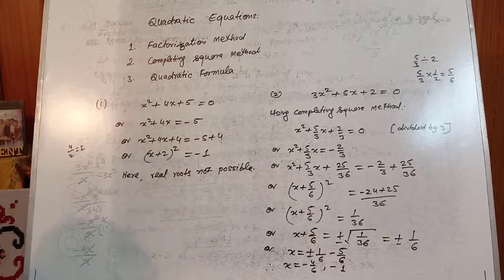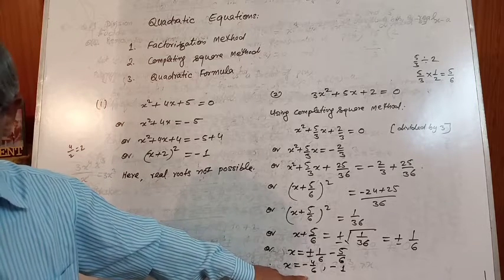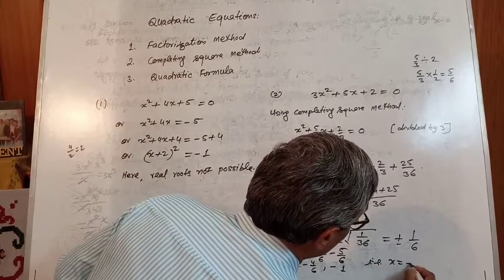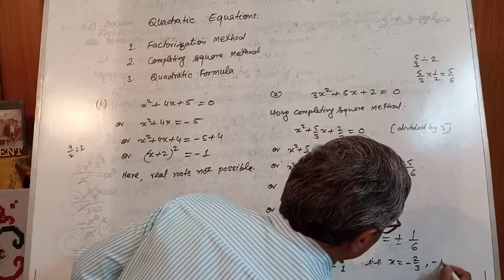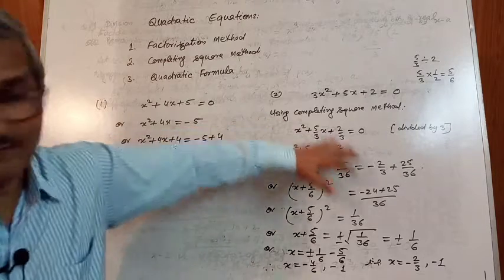That is, x is equal to minus 2/3 and -1. These are the two real roots of this quadratic equation, and this is the method of completing the square.